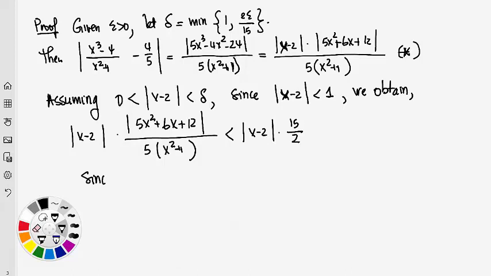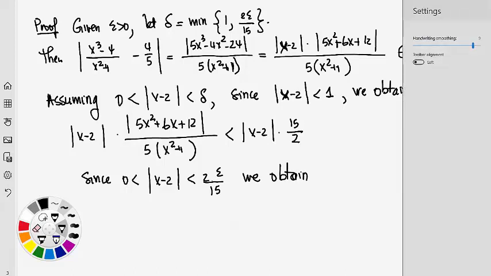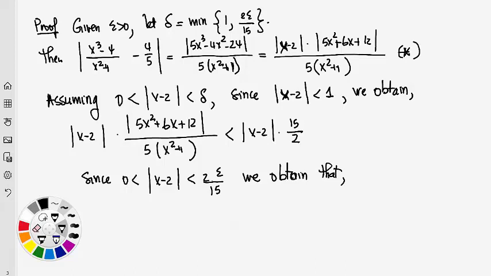And since 0 is less than the distance between x and 2, which is less than 2 epsilon over 15, then we obtain that star, which is less than the absolute value of x minus 2 times 15 over 2, is less than 15 over 2 times 2 epsilon over 15, and of course this will cancel each other out, and we just get epsilon.